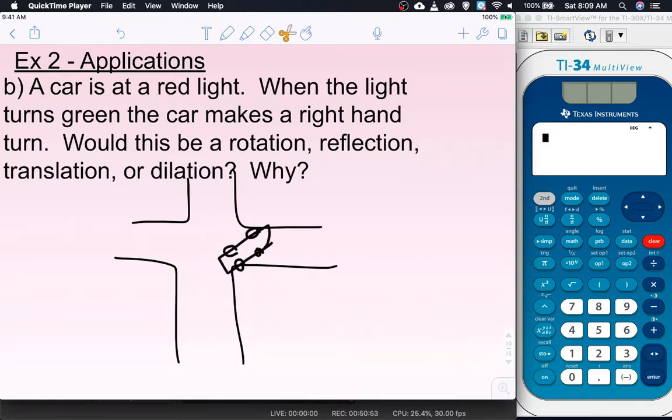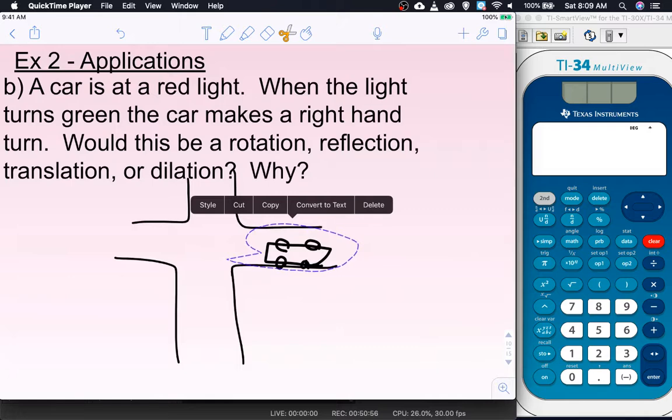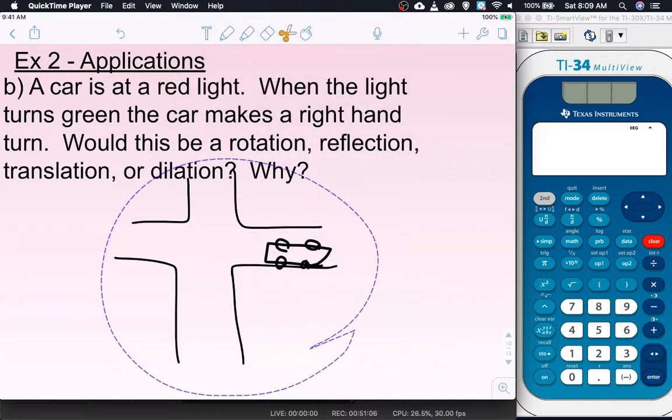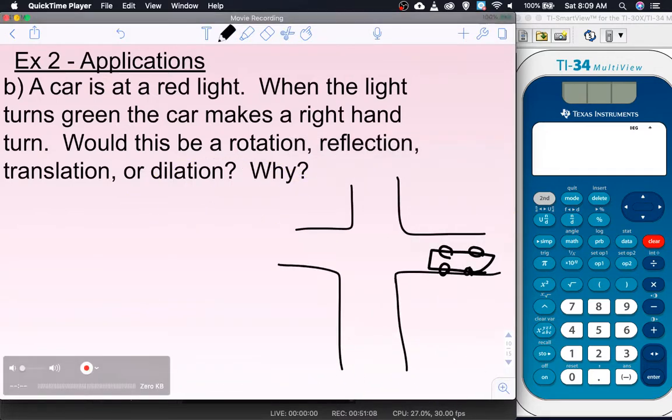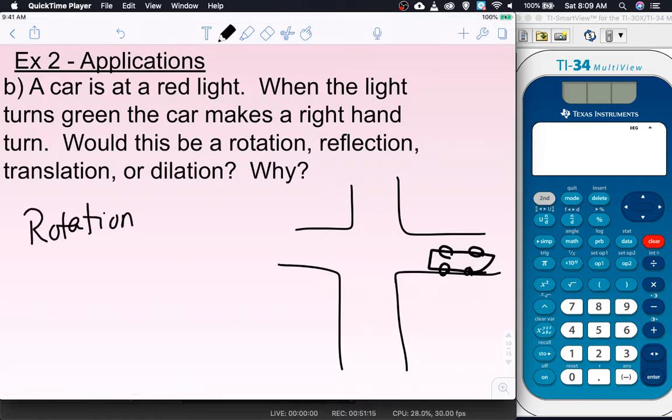He goes like that. Well, what kind of transformation is that? That would be a rotation, because the car turned around the corner. It was facing up and down. Now it's facing sideways. So that would be a rotation. It turned around the corner.